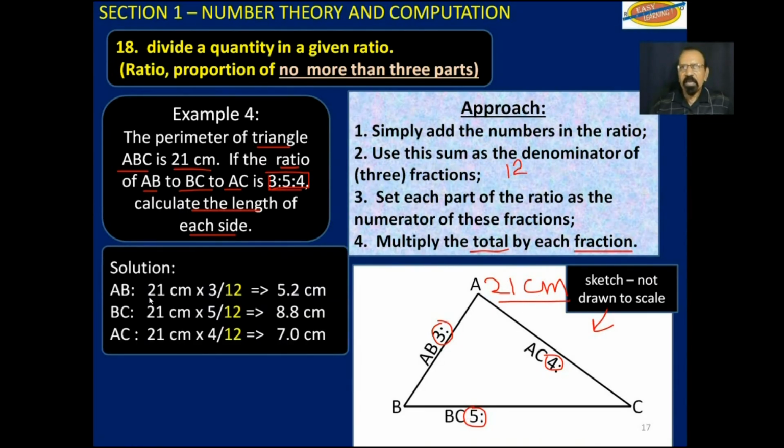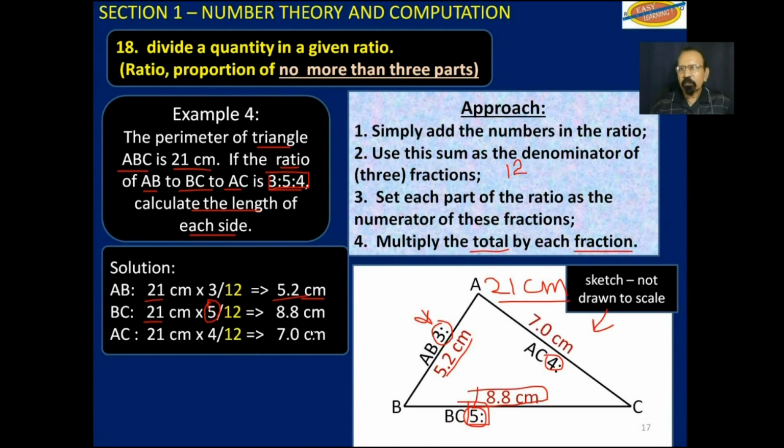So, as we said, AB would be 21 multiplied by 3/12, and that will give you 5.2 centimeters. BC will be 21 multiplied by 5/12, and that would give us 8.8 centimeters.